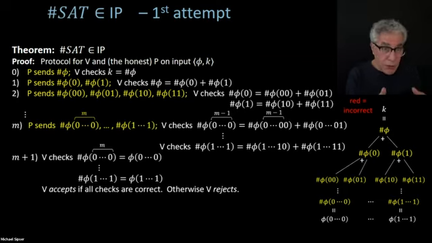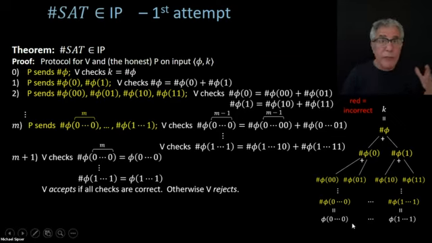With certainty here; later on, it's just going to reject with high probability. But for this protocol, it's going to reject with certainty. And why is that? Because first of all, if K was wrong, I'm indicating the wrong values in red.